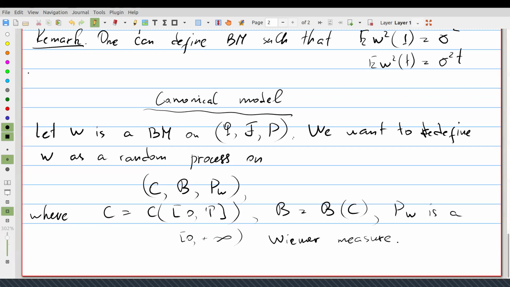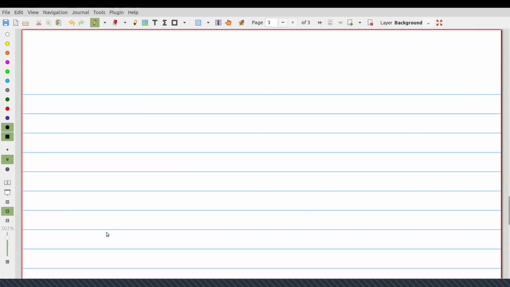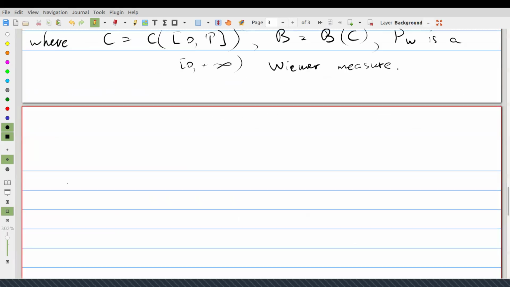Such a construction, when Brownian motion is given as a random process on this probability space, is called the canonical model.